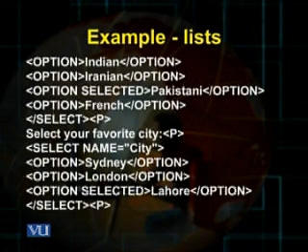Because again I have used the selected attribute, therefore the word Lahore would be pre-selected. You may notice one thing, that in this example of a list, I have not used the size attribute as I had done in the earlier case. So by not using the size attribute, automatically the browser would create a drop down list for us.